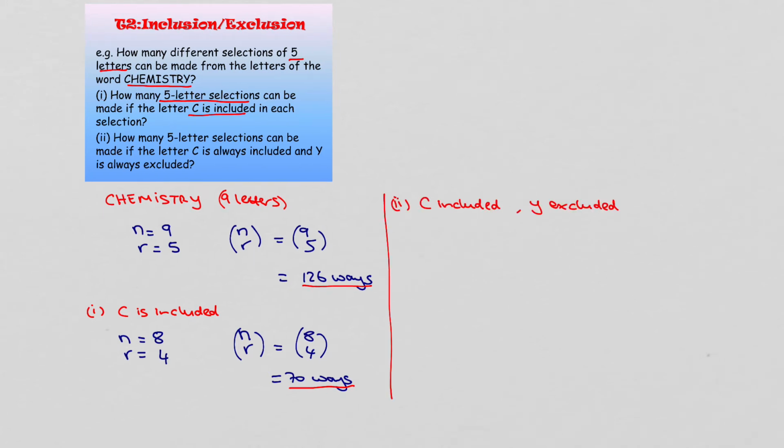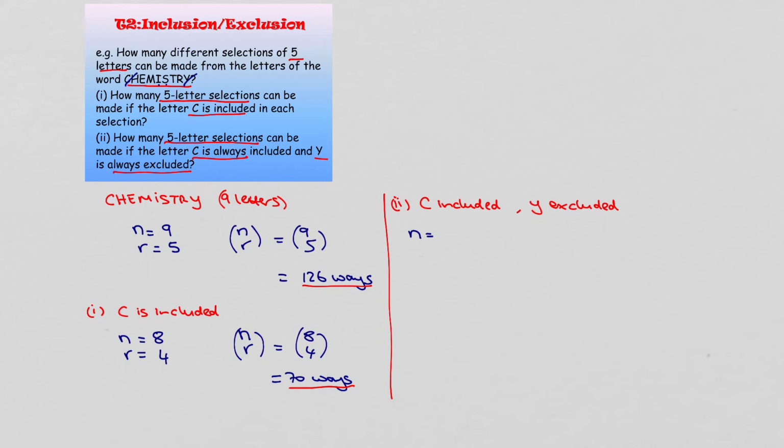In the next one, we're asked how many 5-letter selections can be made if C is always included in that selection and Y is always excluded from it. This time, if C is always included, I cross that out, and Y is always excluded, how many letters does that leave us to select from?